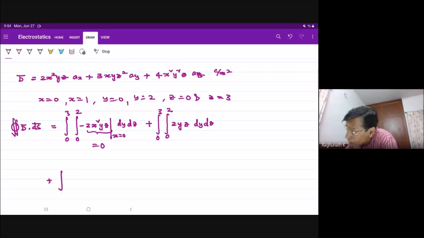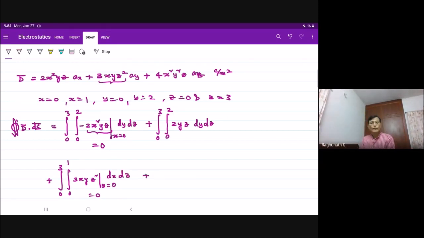integral 0 to 3, integral 0 to 1, 3xyz squared, minus of, because it is the left face. Because y is equal to 0, it is 3xyz squared at y is equal to 0, because of which it is also 0.